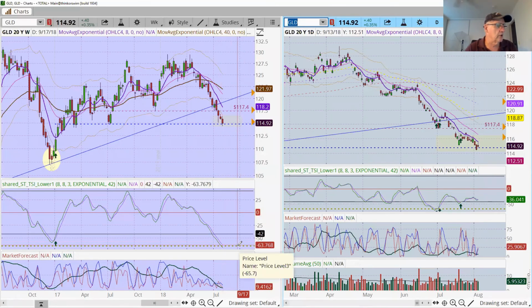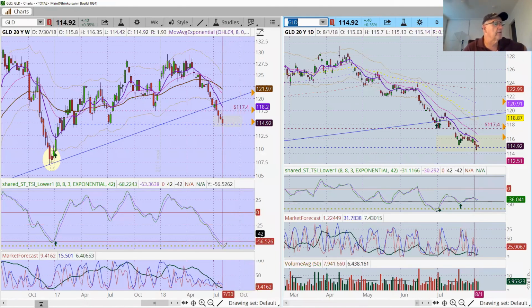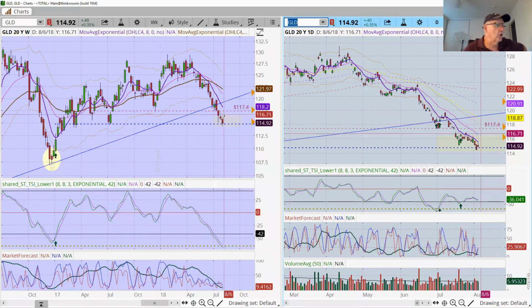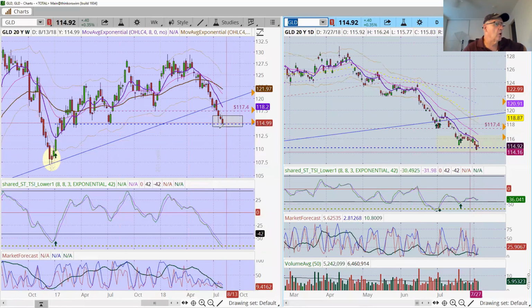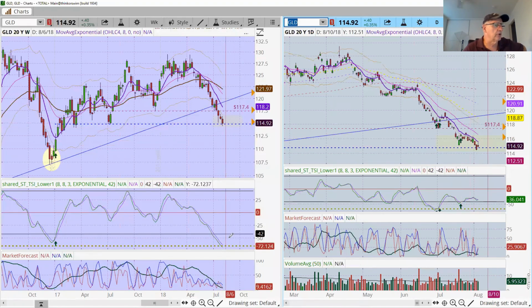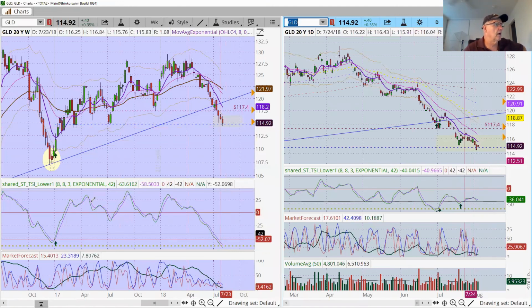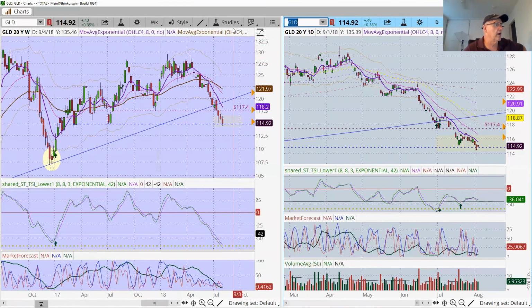This golden dotted line down here is one of the past lows on the TSI, and we have reached that. We have no reversal candle, but a weekly reversal will probably turn the TSI around, and that'll be our first clue that perhaps the August, September, October run in gold will be on its way.